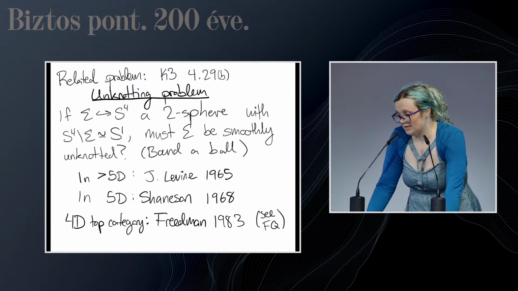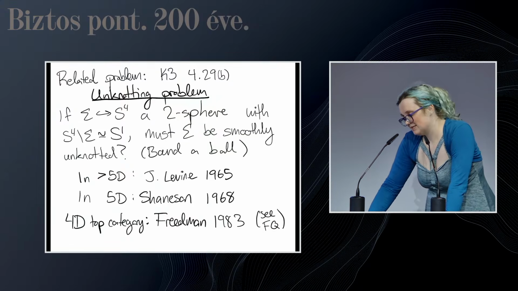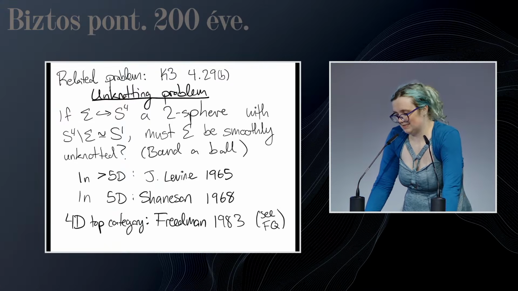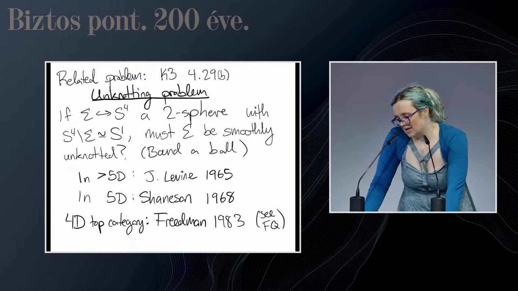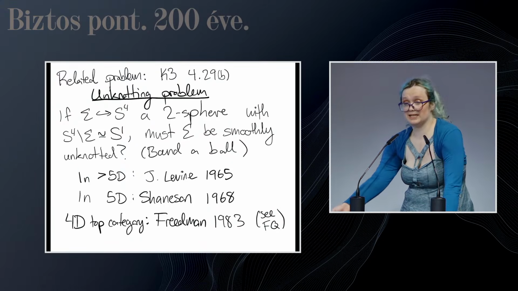That's J. Levine in dimension greater than 5, Shanison in dimension equal to 5. I didn't put these onto my timelines at the beginning because they are specifically high dimension, but I felt bad about it. And in the topological category, the answer is also yes.